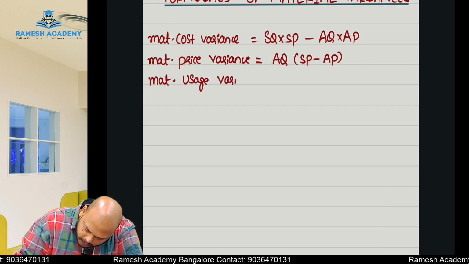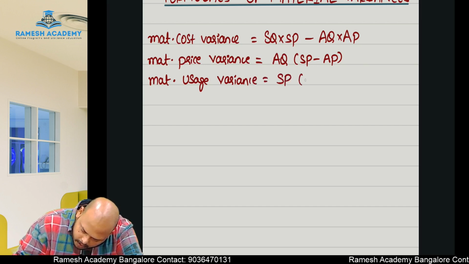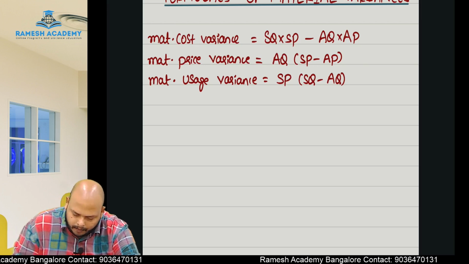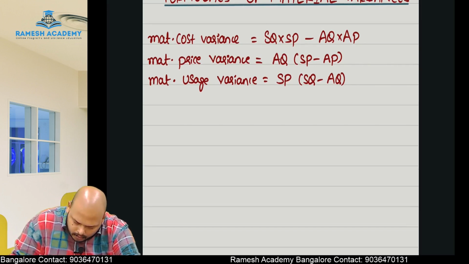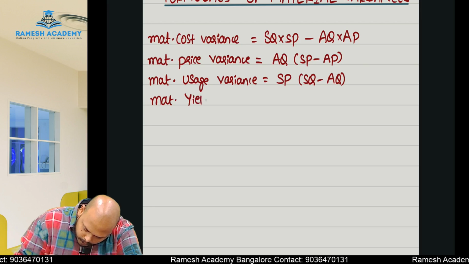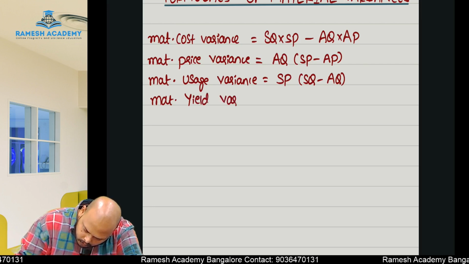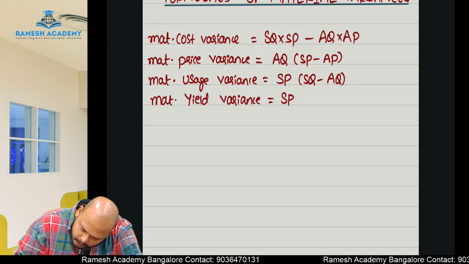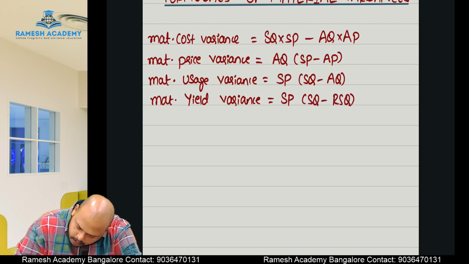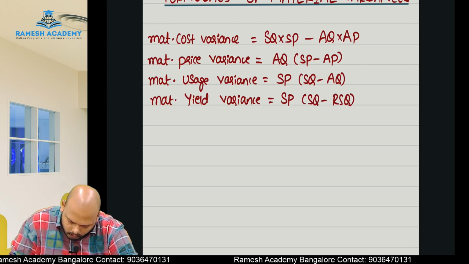Material usage variance is equal to standard price into standard quantity minus actual quantity. Next, material yield variance is standard price into standard quantity minus revised standard quantity.